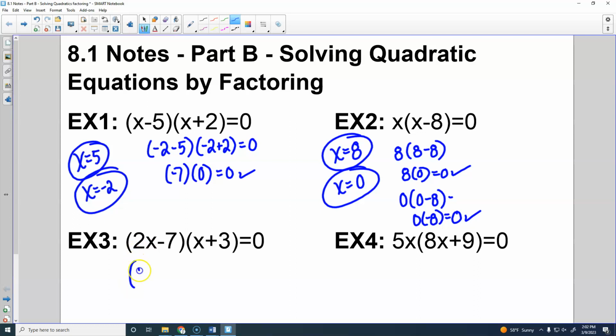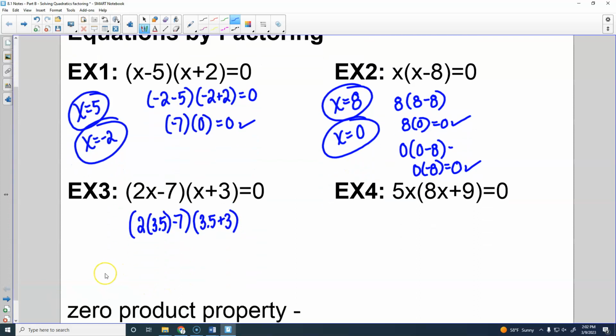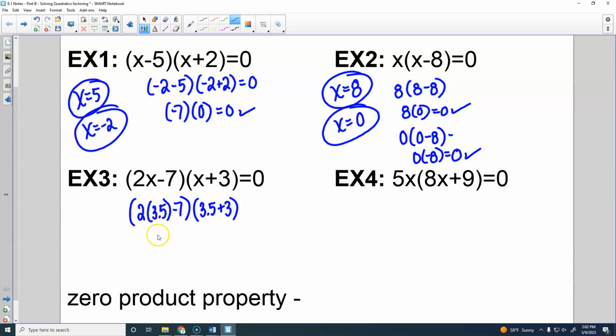So if I do 2 times 3.5 minus 7 times 3.5 plus 3, 2 times 3.5, what does that equal? 7. And over here I get 6.5. And 7 minus 7 is 0. And 6.5, that gives you 0. Yes, x equals 3.5 will work.